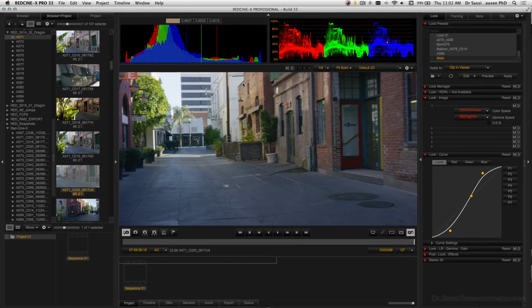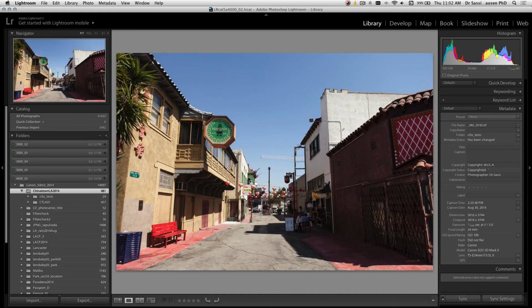It should be higher, of course. And given the fact that we have 4K here, we have maybe something between 1.5 and 2K times 1.5. So we are on the safe side if we have a DSLR with over 5K in width. And that is, of course, the case when we go over to the picture. That was 5616 wide.